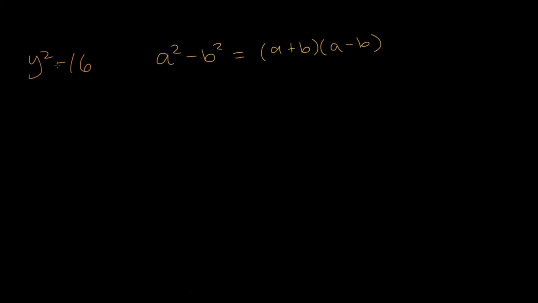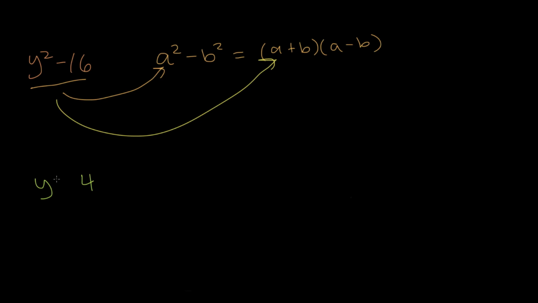We have our equation in this form, but we want to get it into this form. So what we would do here is square root both terms. The square root of y squared would be just y, and the square root of 16 would be 4. And so with this, you have your a value and your b value. Our a value is y and our b value is 4.